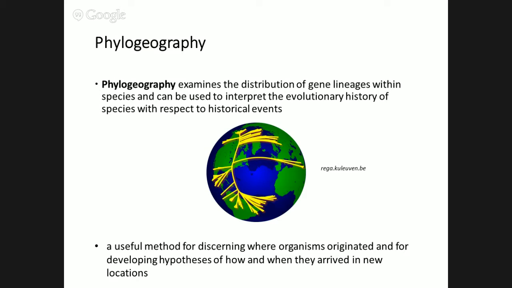These kinds of techniques that we use are very useful, and we want to develop hypotheses of where organisms originated, so where they came from, how and when they arrived in new locations. So it's a useful method for combining geology, biogeography, and evolutionary biology.